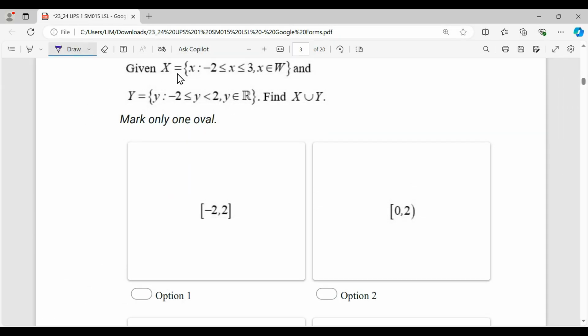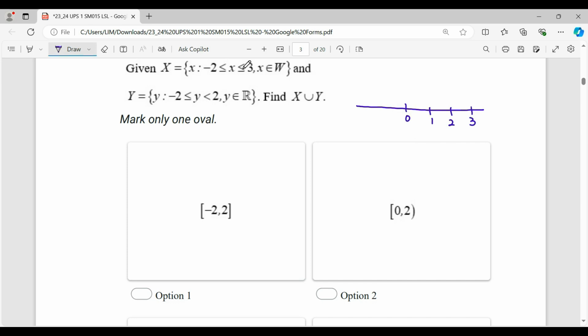Next, given that the set of x is this, and it is a whole number, and the set of y is this, and it is a real number, find their union. First of all, we draw out the number line of x. It will be starting from negative 2 until 3, whole number. So whole number means only 0, 1, 2, and 3.